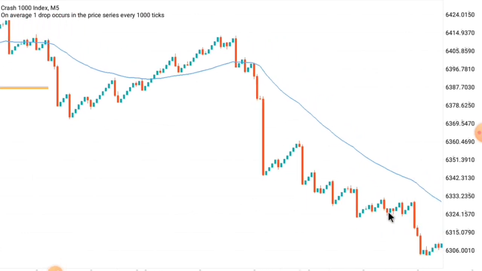Now, how do you exit this trade? How you are going to close your profit is this. First of all, the first option, you can decide to target a 1:2 risk ratio or 1:3 or whatever you want.